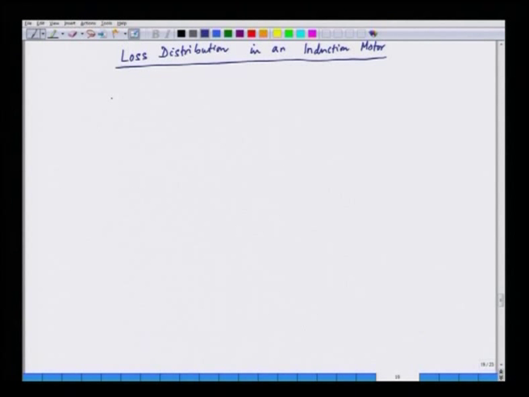This is the type of loss, and here we have percentage of total loss. What are the various losses here? We start with the stator copper loss, and this is about 37% of the total loss.